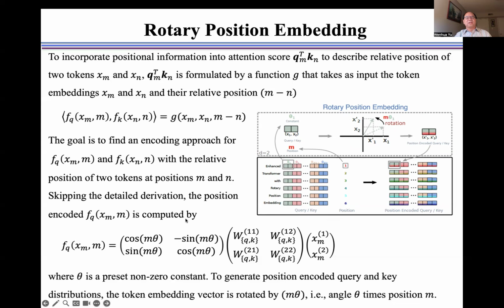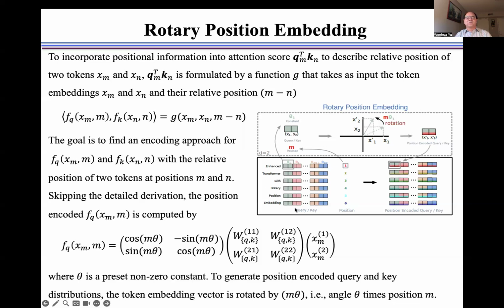Skipping the detailed derivation, the position encoded FQ is computed by using this equation, where theta is a preset non-zero constant. To generate a position encoded query and key distributions, the token embedding vector is rotated by M times theta, as shown here.